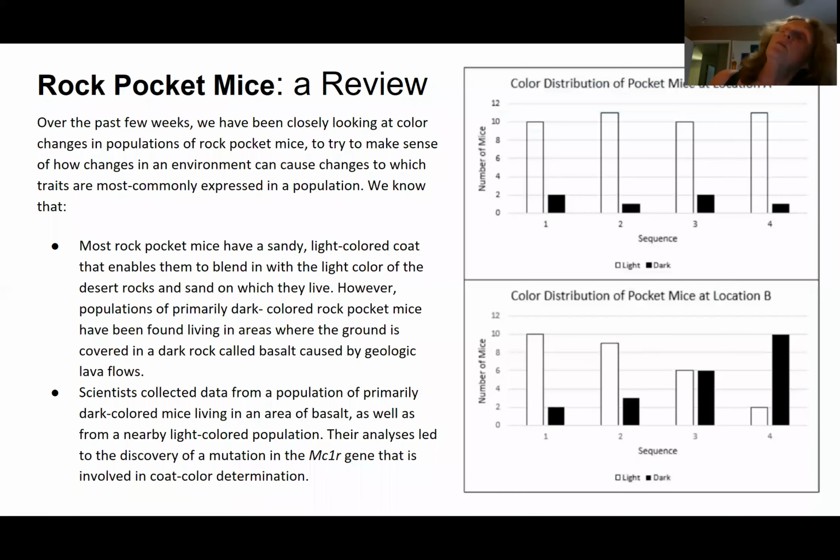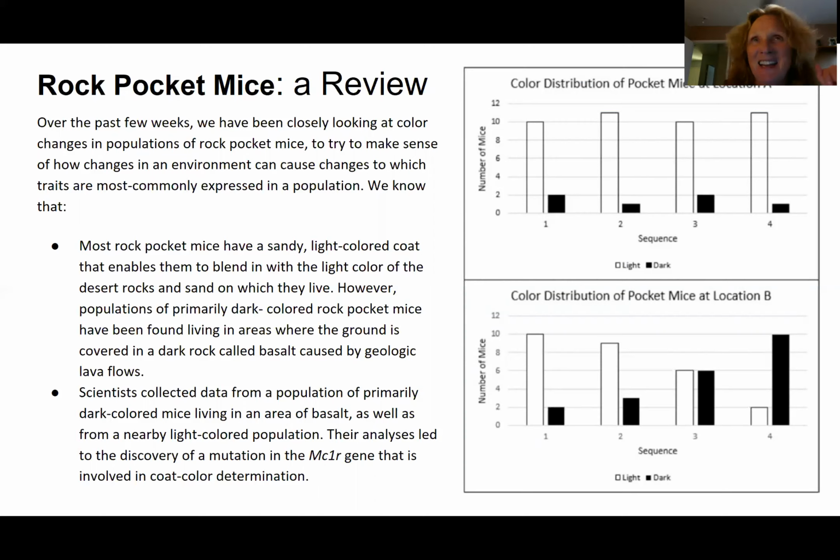Okay, so again, this activity is going to be dealing with the rock pocket mice. We're just reminding you of a couple things you already knew. When you did your graphing of location A and your graphing of location B, most of you had trends that look like this. You can take a moment and see where you've been able to make sense of how changes in the environment may cause changes to which traits are most commonly expressed.